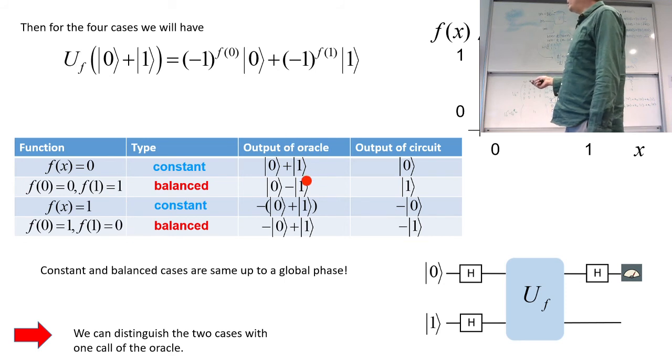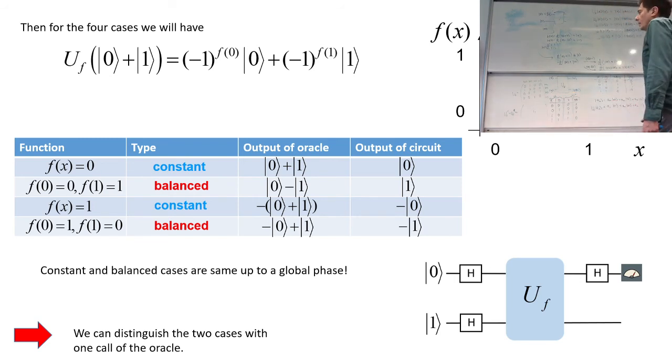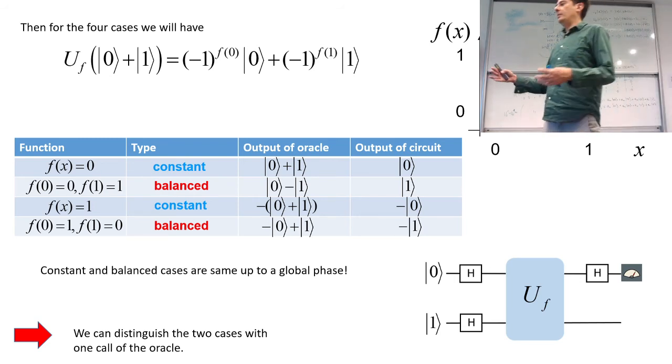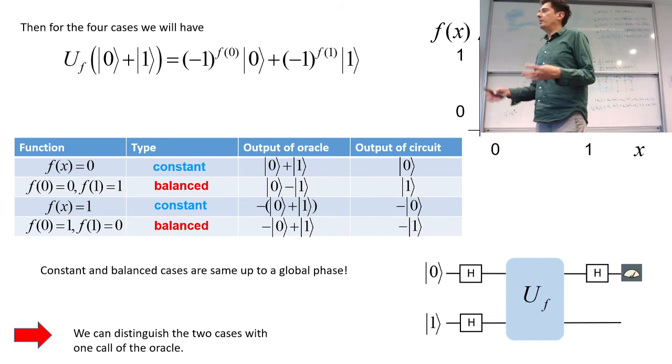And you can see that the output has a relative minus sign if it's balanced, and it has a relative plus sign if it's constant. That's exactly matching up with what we had as our task.